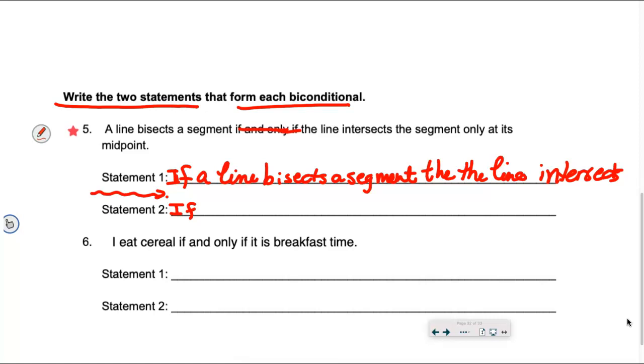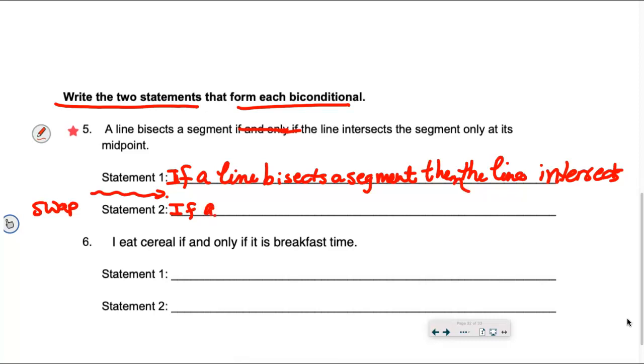Then, statement number 2 will be the converse. So what we will do is we will swap our if and then. If the line bisects a segment, then the line intersects.